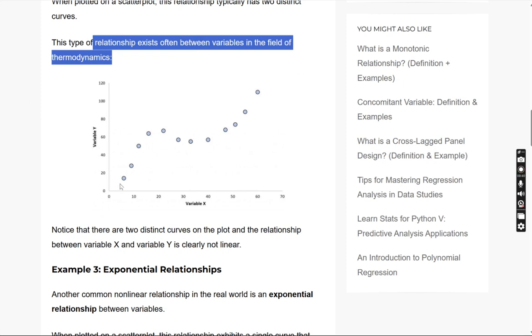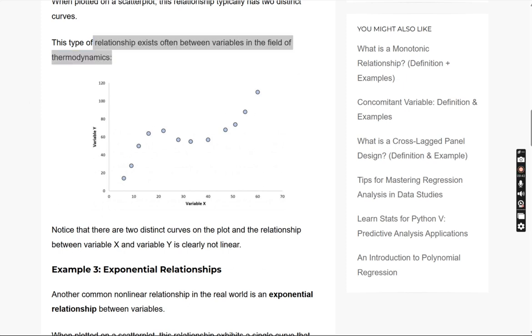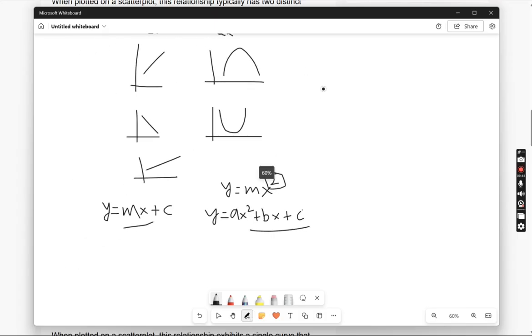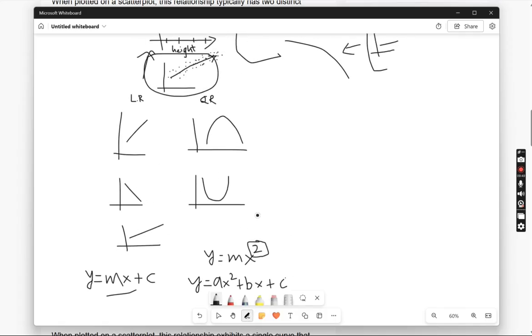Anyway, if you get some S shape, then you get a cubic relationship. So this is cubic in nature, something like this, or something like this also. So these are all cubic relationships.